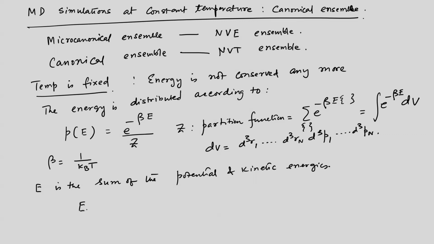So E equals the sum over i from 1 to n of p_i squared over 2m_i, plus a potential which purely depends on the position variables. Most of the time we consider that they do not depend on the positions as vectors, but on the magnitude, or the pairwise distance between two particles.